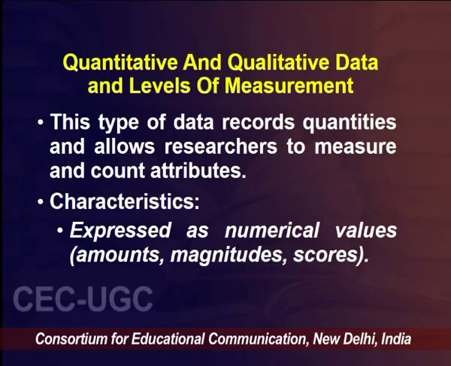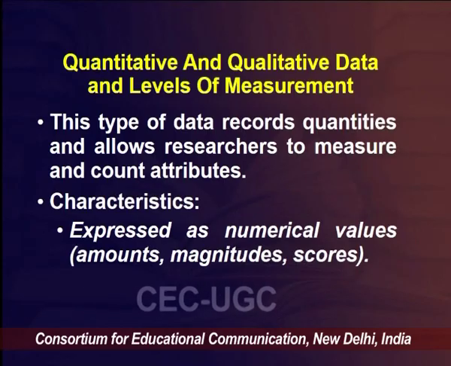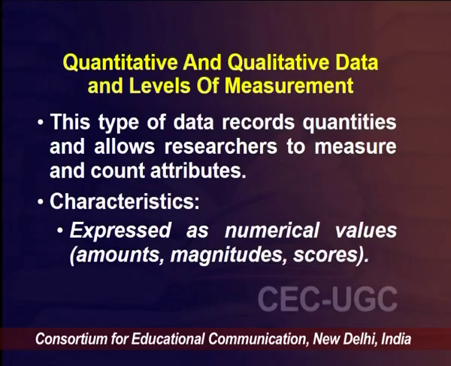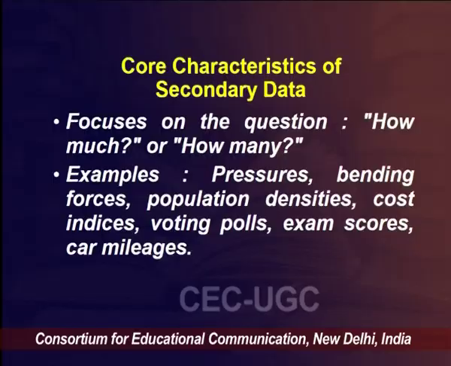What are the characteristics of quantitative data? Number one, expressed as numerical values, amount, magnitude, scores. Second, focuses on the question how much or how many. Examples of quantitative data are pressure, bending force, population density, cost indices, voting polls, exam scores, car mileage.